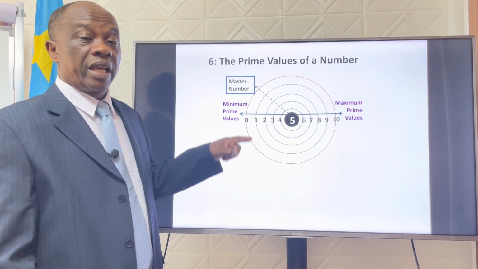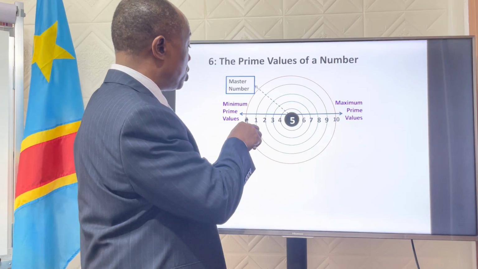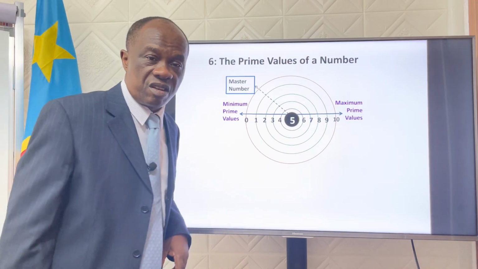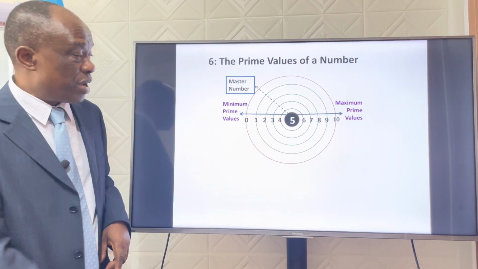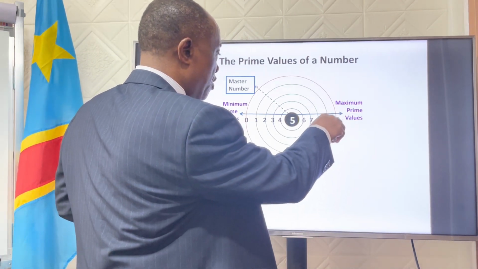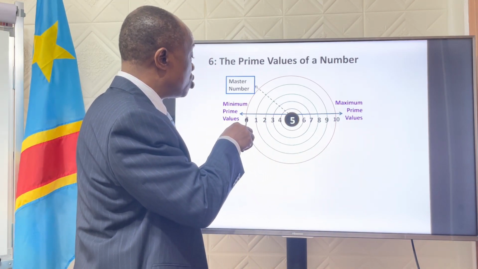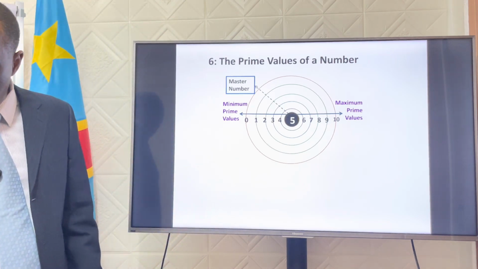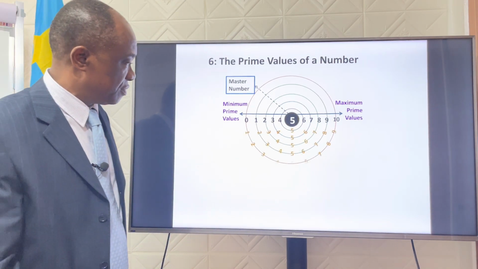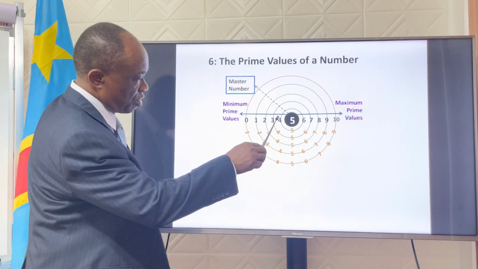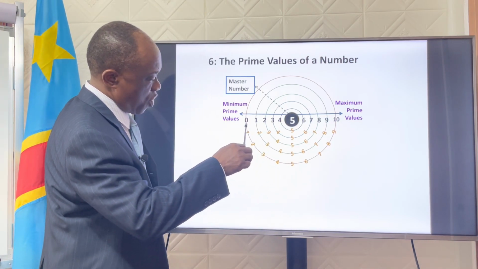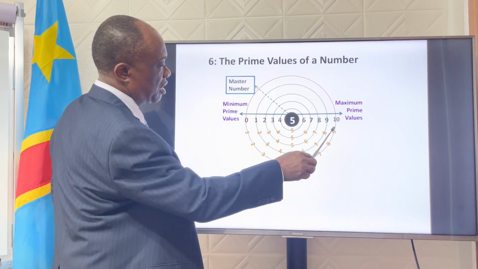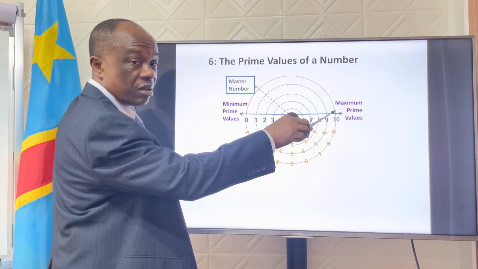Then to communicate here, 0 cannot go straight to unite with 10. He must pass through other values, meaning 0 must become first 1, 2, 3. So we will have this. You see here, 0 must pass through 1, 2, 3, 4, 5, 6, 7, 8, 9, and then 10.